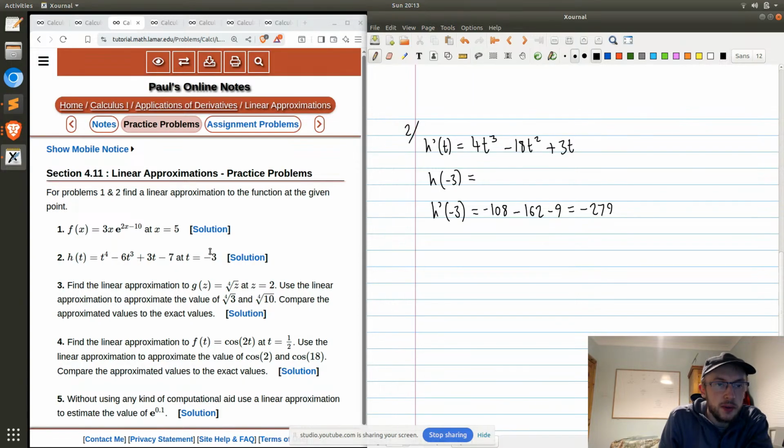As for h of -3, well, we need to sub in -3 here. So -3 to the 4 is 81. -3 cubed is -27, but times that by -6, and we get 162. Try again. Yes. -3 times it by 3, and then take 7.